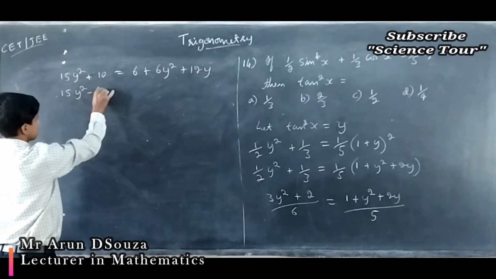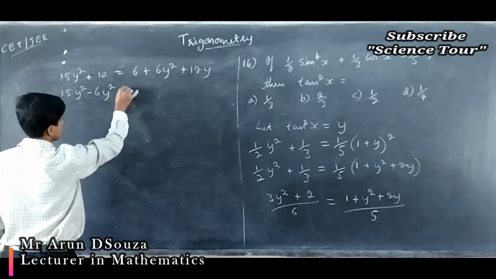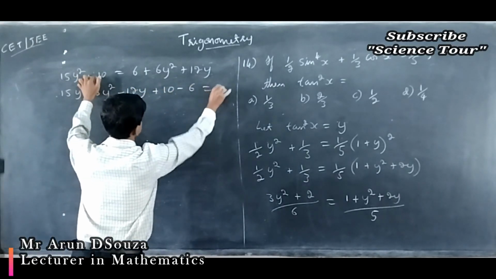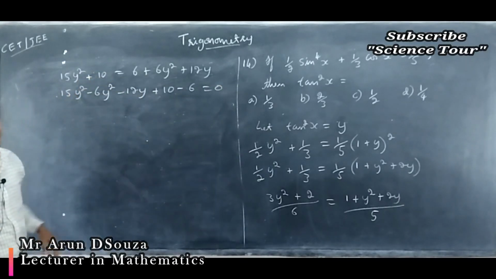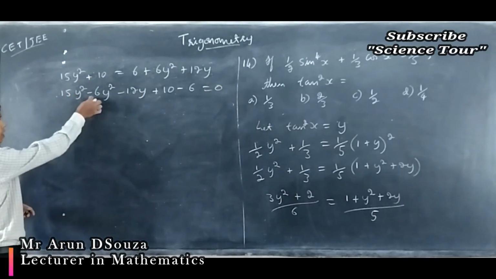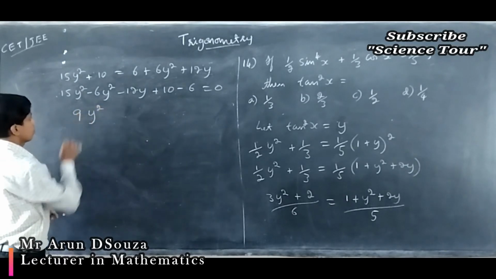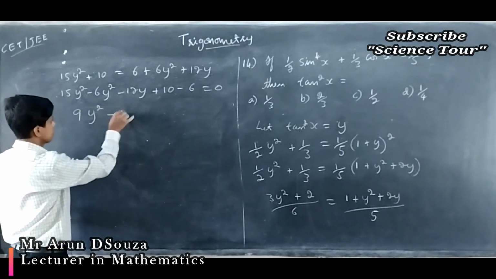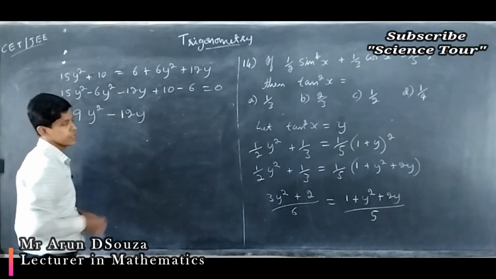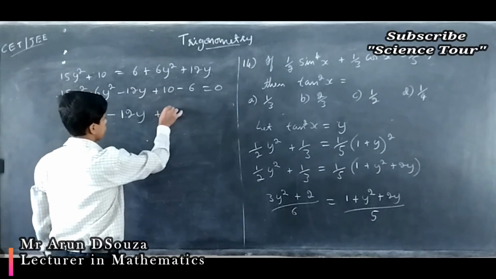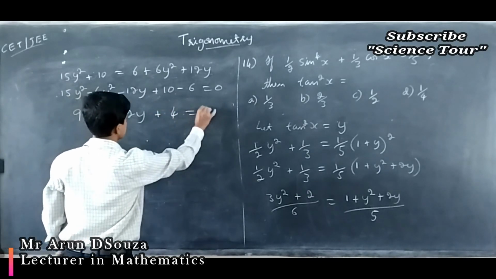So this is minus 6y square minus 12y plus 10 minus 6, that is equal to 0. I am getting everything to the left hand side, and here 15 minus 6 is 9y square and minus 12y, note this carefully, and 10 minus 6 is 4.